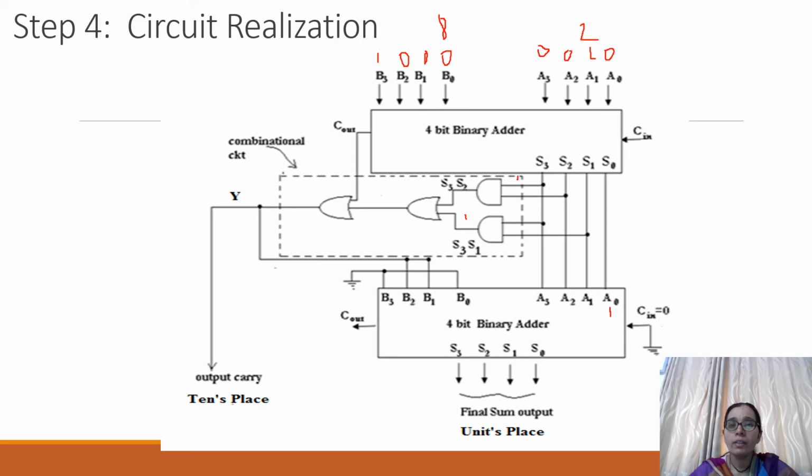What is the addition? 10, that is 1, 0, 1, 0 in binary. So here 1, 0, and here 1 and 1, because S3 is 1 and S1 is 1. So this will be 1, this 0, 1. This Cout is already 0. Cin we are assuming as 0. So 1 plus 0 is 1. Therefore here 1, 1. Here B3 and B2 are 0, 0.